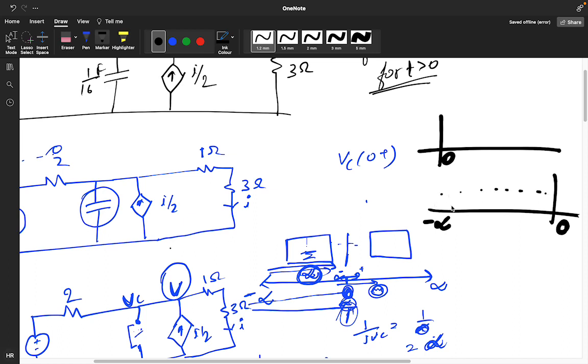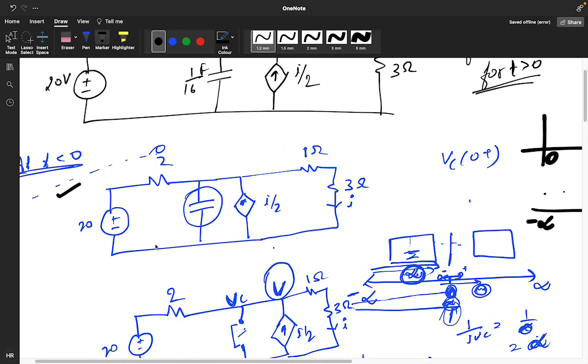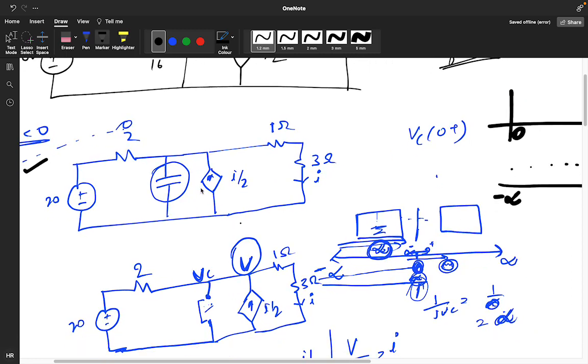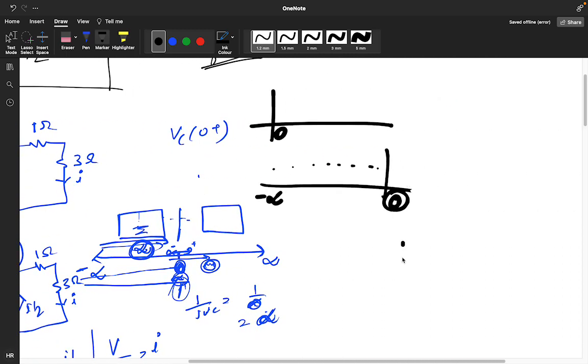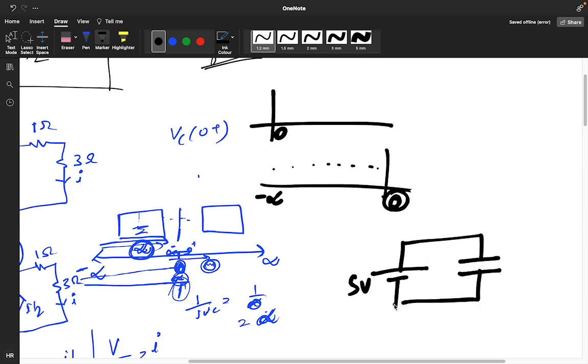So what will be the steady state value of this? It is getting charged. If you have one 5 volt battery and one capacitor, at one time this capacitor will get fully charged.